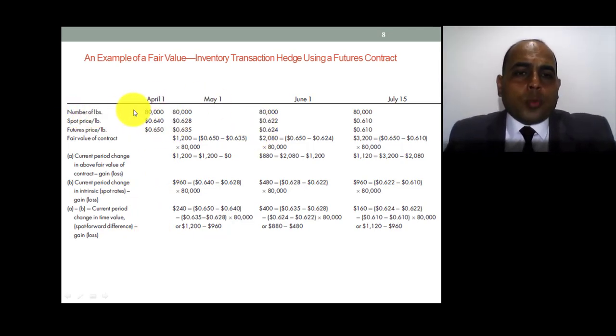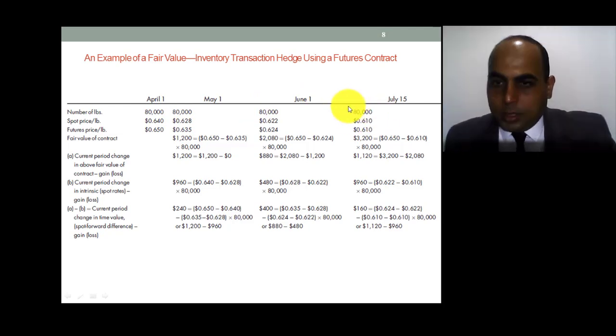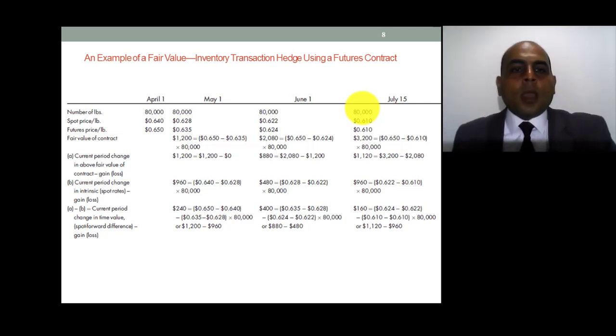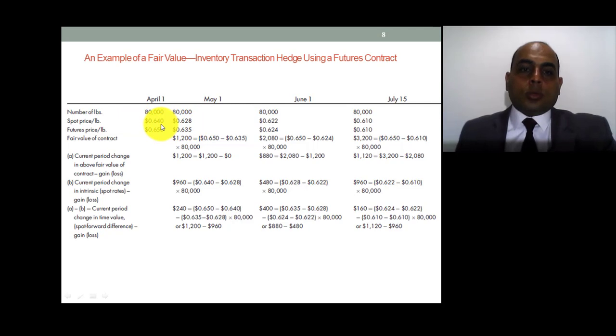Here we are talking about 80 pounds in total on April 1st, May 1st, June 1st, and the July 15th settlement date. We are talking about the same quantity. The spot rate on these dates is as follows.